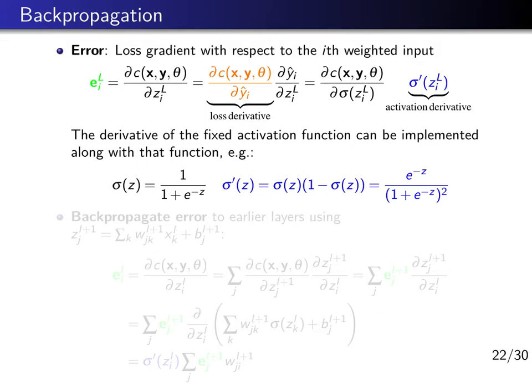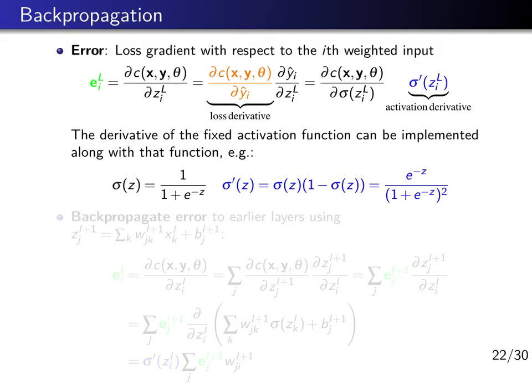So an important intermediate quantity that we need is the so-called error vector. This is more or less something like a sensitivity. So the word error is, in my opinion, a little bit misleading. Think of it as a sensitivity of the output with respect to some intermediate activations.